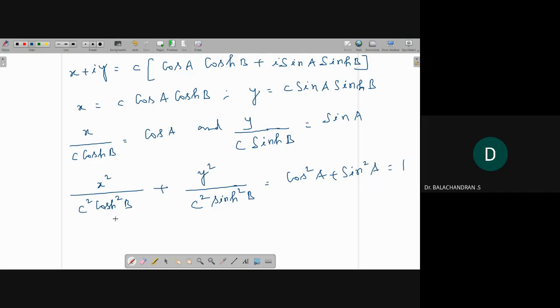So we proved the first part: x square by c square cos h square b plus y square divided by c square sin h square b equal to 1.